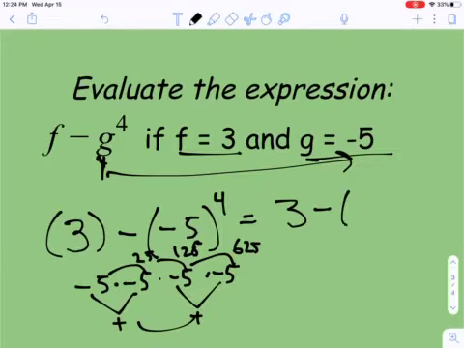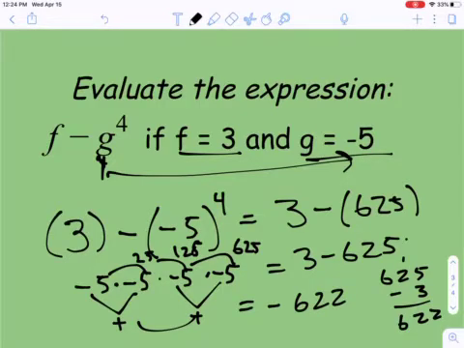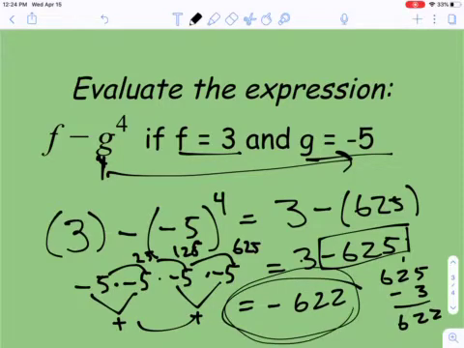So I have 3 minus 625. That's basically the same as 625 minus 3, which would give you 622. And our sign is going to be negative because 625 carries the larger value, and therefore it keeps the sign. So your answer to this is negative 622.